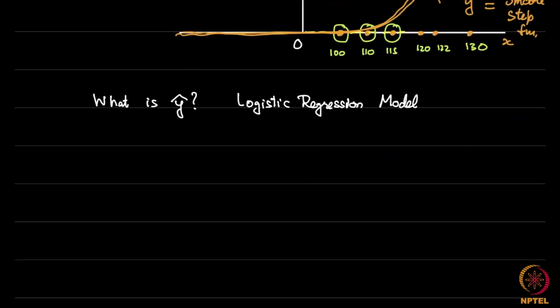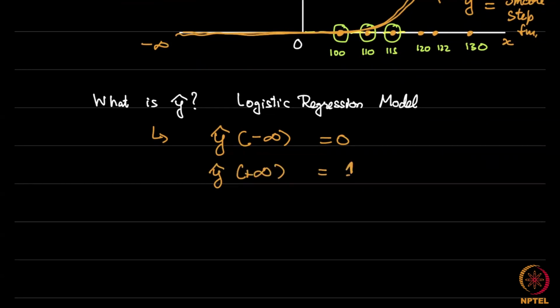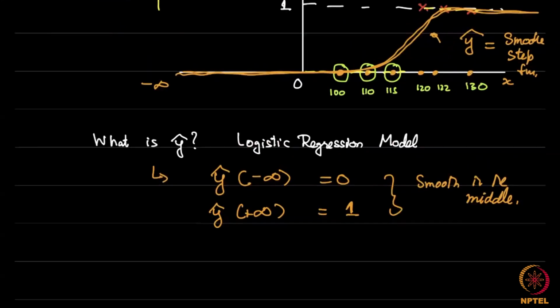So Y hat has the following properties. Y hat of minus infinity is 0. I am obviously writing it with some mathematical abuse here, I'll make it a little bit more precise. Y hat of plus infinity will reach 1, and it is smooth in the middle.